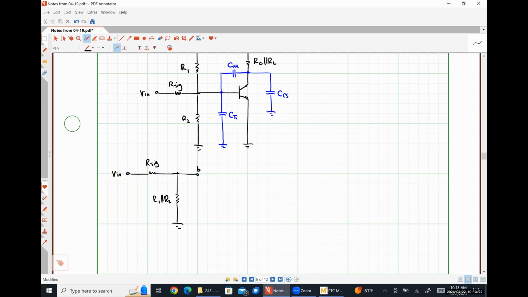Here's my base node. Here's R pi. Directly in parallel with R pi, I should have an impedance of 1 over S C pi. So that's the capacitance that's between the base and the emitter. I chose to represent it between the base and the emitter because my emitter is at ground. I just drew it like that up above, but now I'm putting it explicitly in parallel.